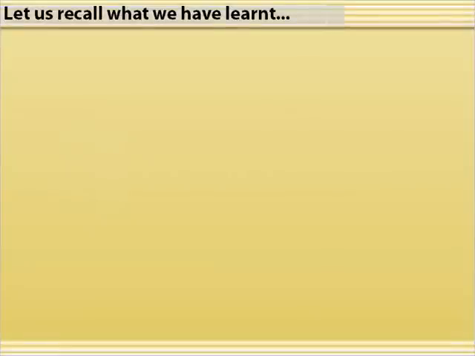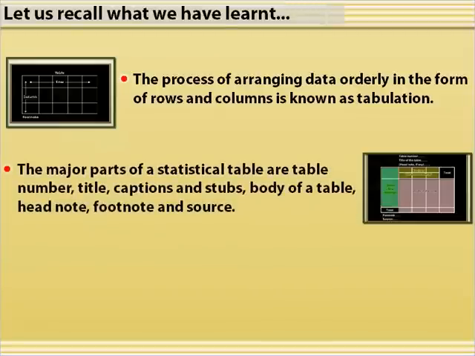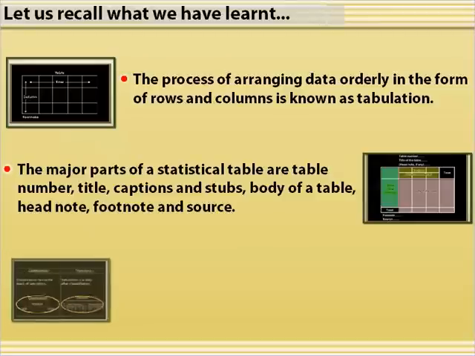Let us recall what we have learned. The process of arranging data orderly in the form of rows and columns is known as tabulation. The major parts of a statistical table are table number, title, captions and stubs, body of a table, headnote, footnote and source.